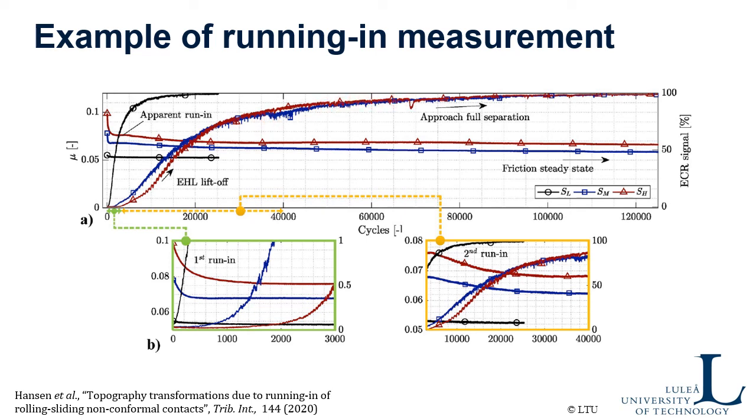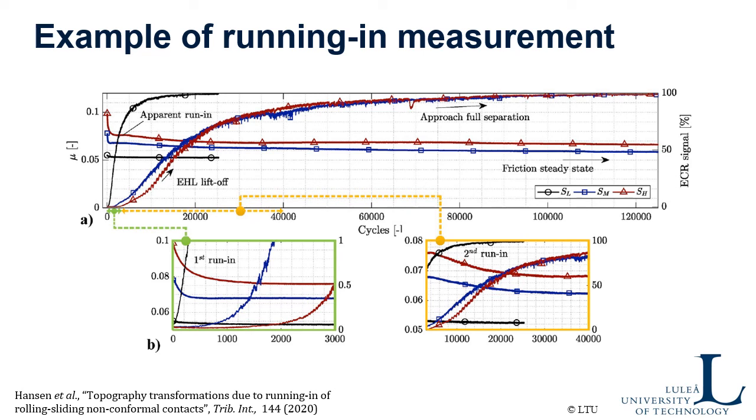An important thing to remember from this example, and I suggest that you read this paper, is that the lambda parameter, the film parameter, hasn't changed very much. It's almost the same before running in and after running in, but it's other features of the surface roughness that have been changed.